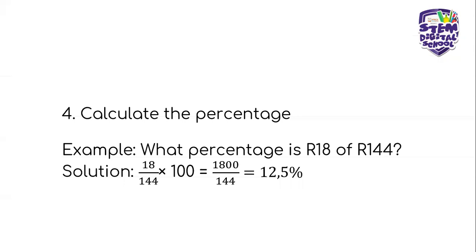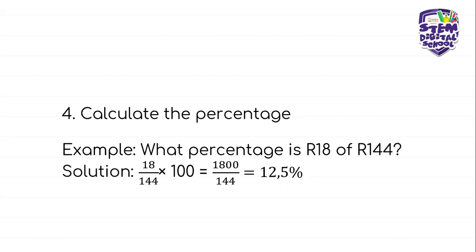So now we are talking about money here. What percentage is 18 rands of 144 rands? So what we need to do in this case is to find out the value, this value 18 rands. What is the percentage? So it means we need to write 18 rands in percentage form, but not just 18 rands. That is 18 rands of 144.